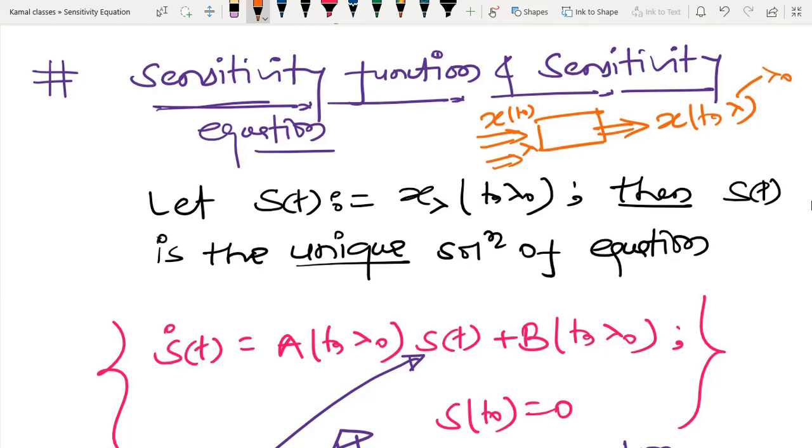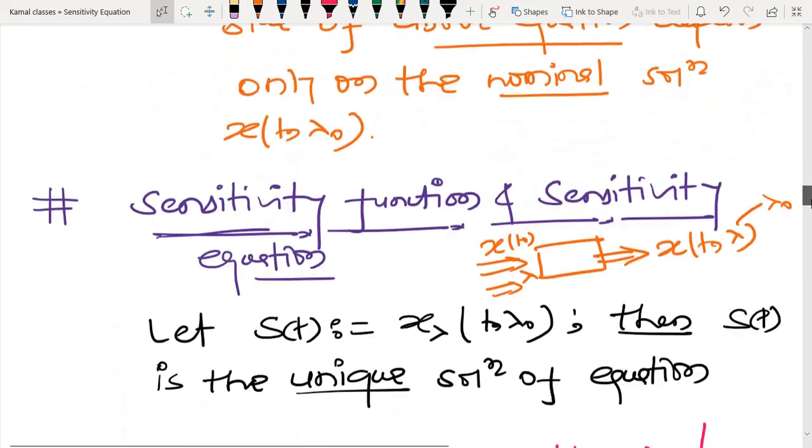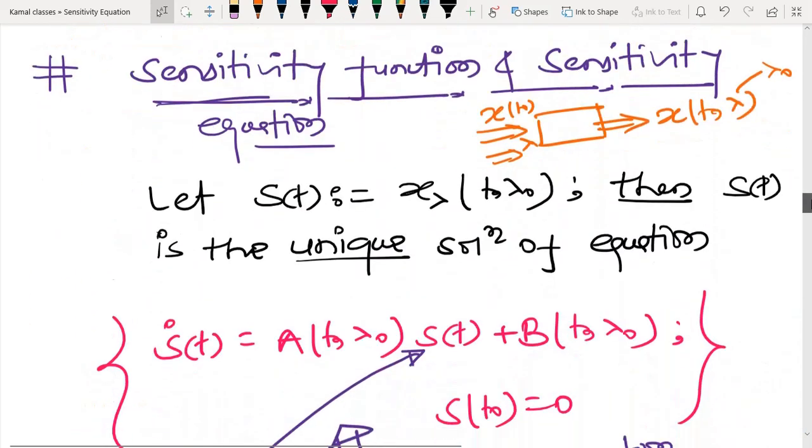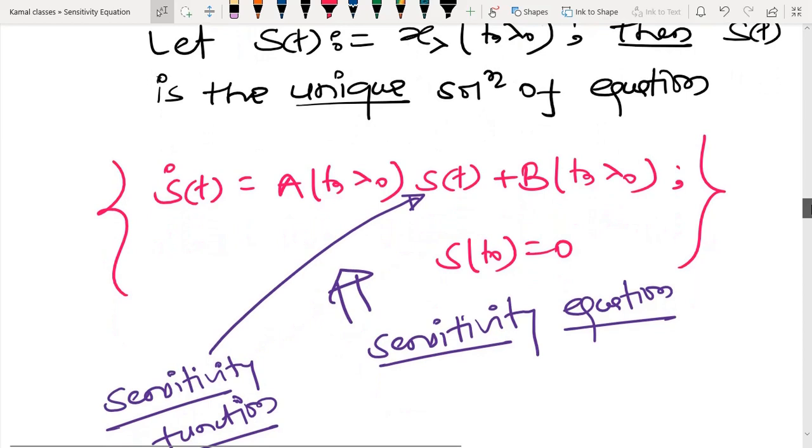In this place, you can define some quantity that is called s. That quantity is basically the partial derivative of the solution x(t) with respect to lambda at lambda 0.